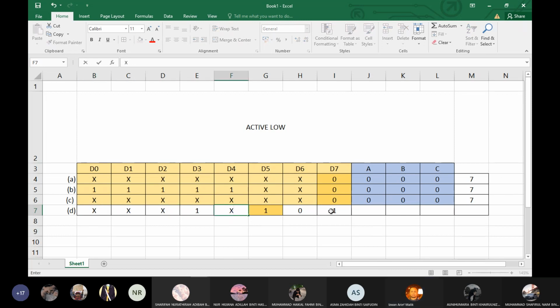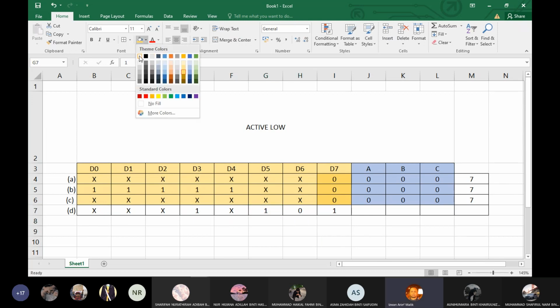Okay. So the highest priority adalah D6. Okay, so if that is the highest priority, maksudnya sekarang nilai dia akan 110. 110.